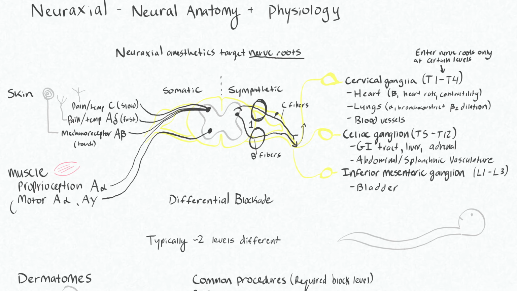It's worth noting on the topic of motor fibers, your diaphragm tends to be spared. The nerve fibers innervating your diaphragm tend to be spared because that's innervated by C3, C4, and C5.